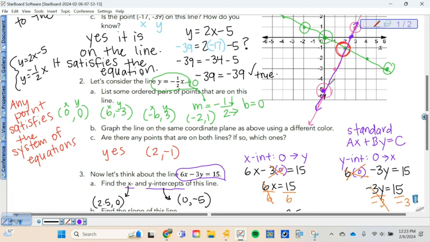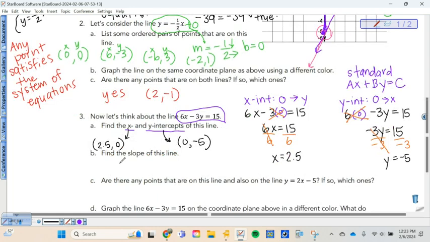Can we figure out what's the slope of this line? How do I figure out the slope between 2 points? Rise over run. Good, rise. So how far up do I have to go between those 2 points? 5 over 2.5. And my slope is change in y over change in x, right? So 5 over 2.5.